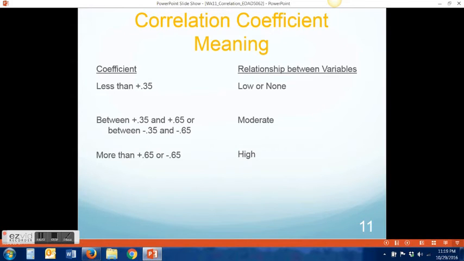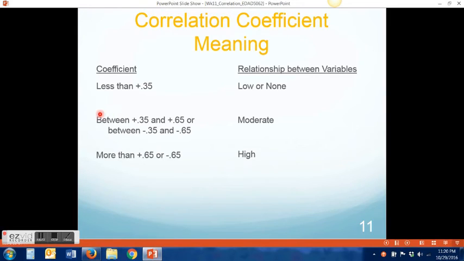Here is another guide to interpreting correlation coefficients. We often see correlation coefficients around 0.35 or negative 0.35, and we believe those to be low relationships or no relationships. Rarely do we see a perfect 1, a perfect negative 1, or a perfect 0 relationship. So we like to look at different benchmarks, and this is the benchmark for low or no relationship, something that's below 0.35.